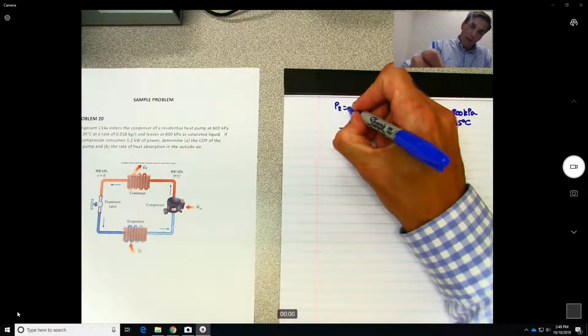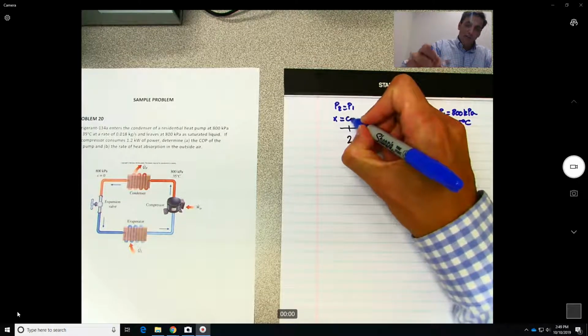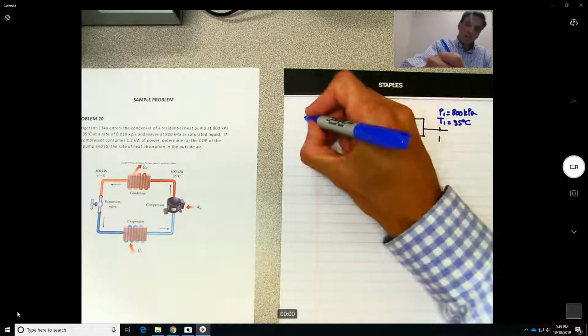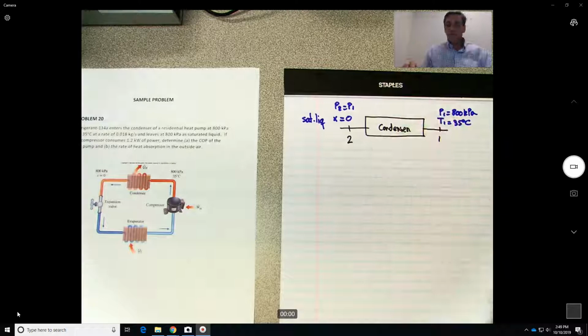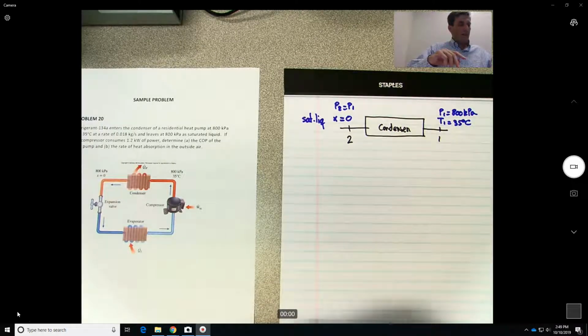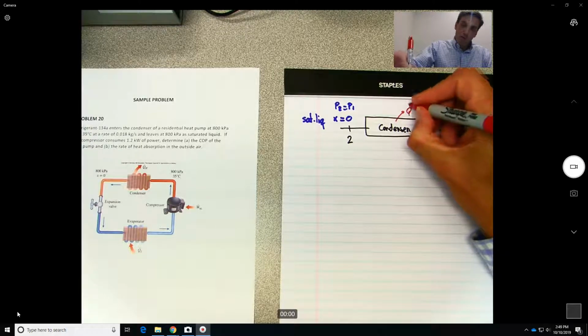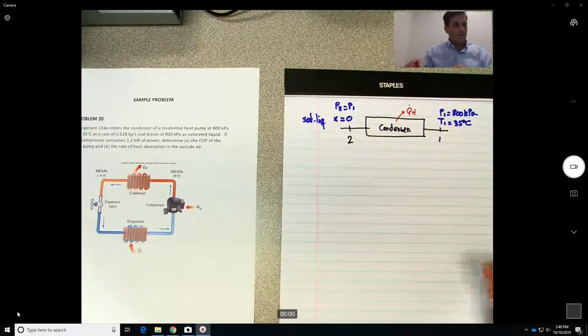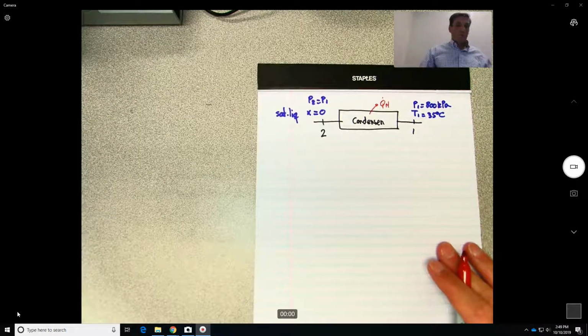P2 will be equal to P1, and here basically what I tell you is that it's saturated liquid state over here. And what I'm trying to find here is the Q dot sub H. Alright, so let's see, it looks like we have everything over here. So maybe we can remove this figure.